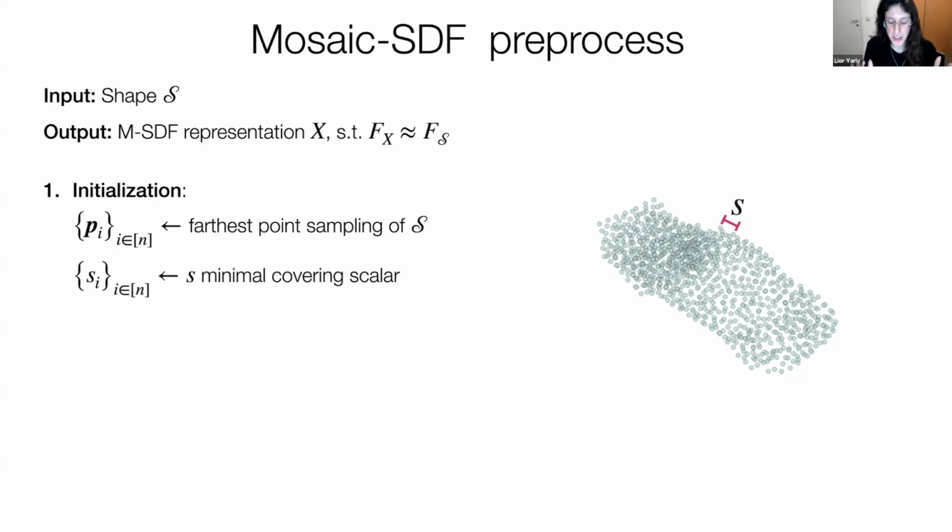Now, given all of these points, we can compute one scalar, which is the minimal covering scalar. We want the volumes to cover all of the shape. Given all of these sampled center points, we can compute the scalar that is the minimal covering according to the distances between all of the points, and we can initialize all of the volumes to have this same specific scalar.